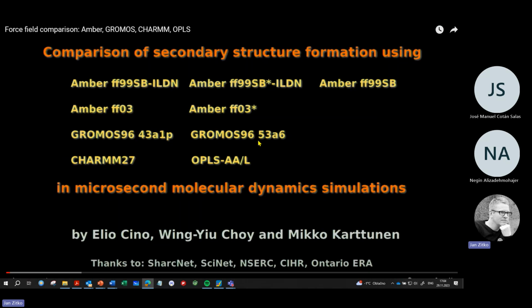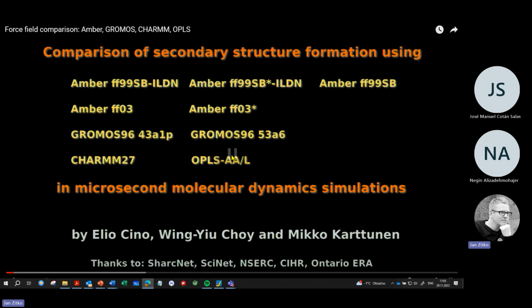We have different force fields, like Amber, which is more suited and optimized for proteins. Charmm is also optimized for proteins. OPLS is rather used for small molecules. And we have different versions of the force fields. So we will see how it makes a difference or not.